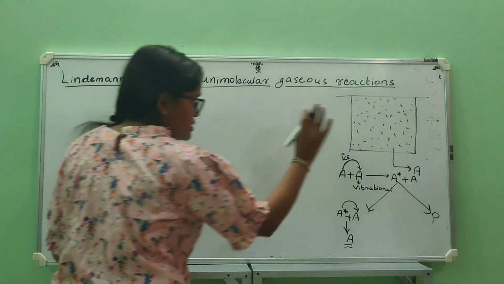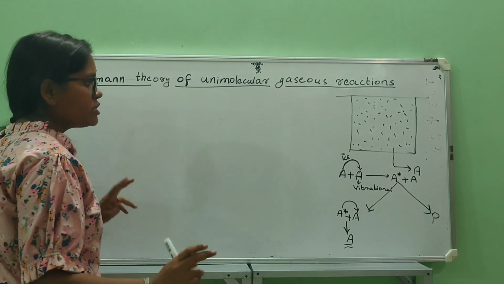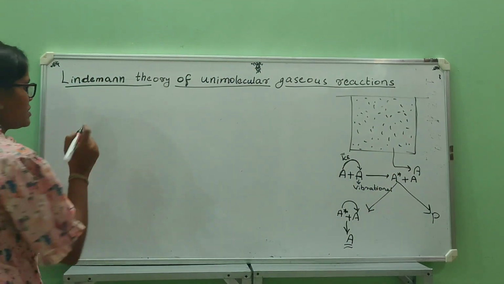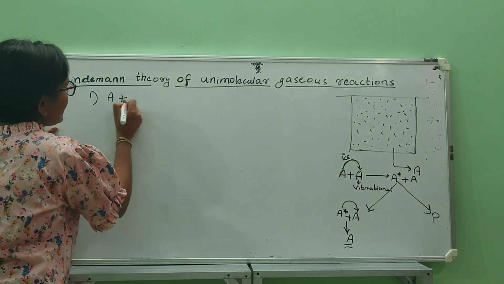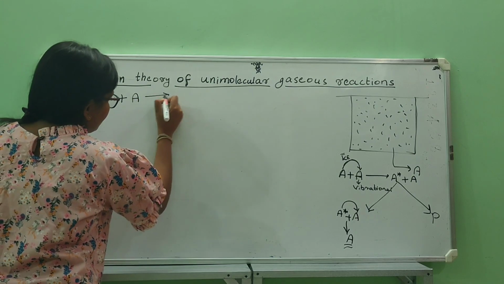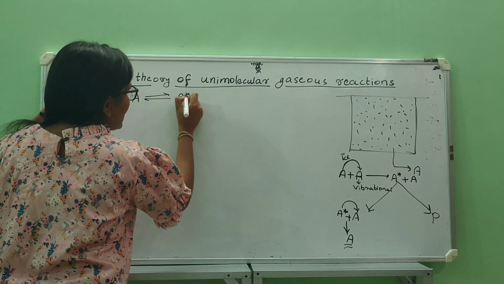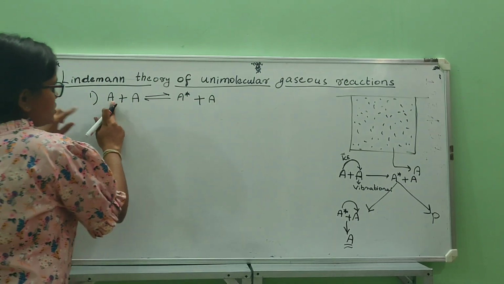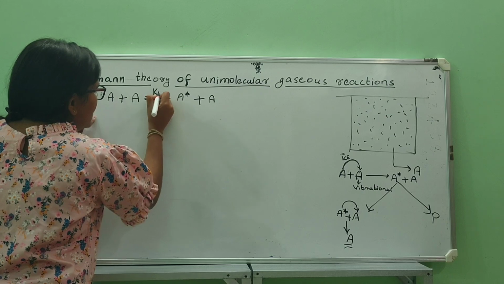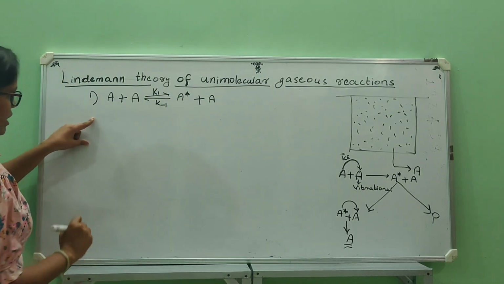To explain this unimolecular gaseous reaction, Lindemann proposed a mechanism of two steps. In the first step, A collides with A to give A star plus A. The rate constant in the forward direction is K1 and in the reverse direction is K minus 1.